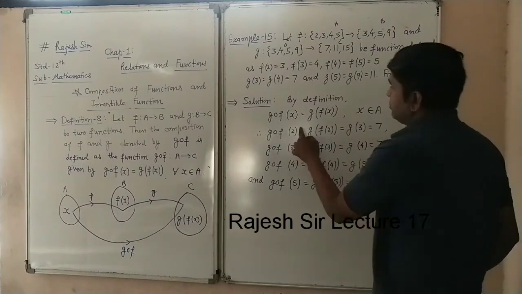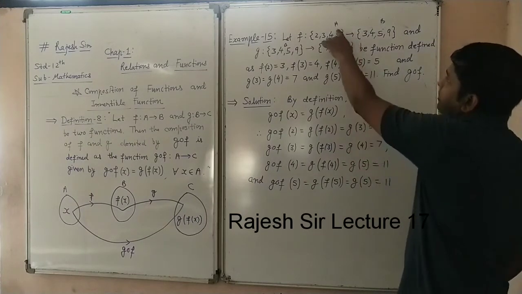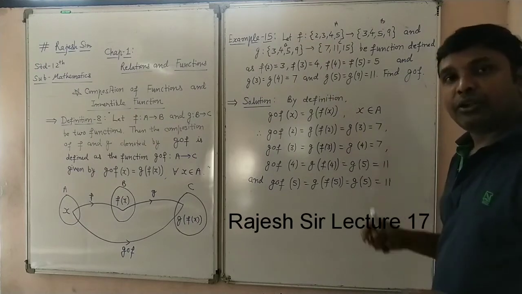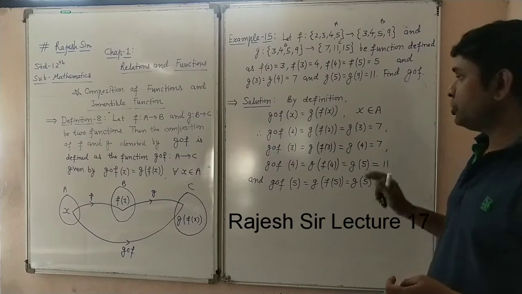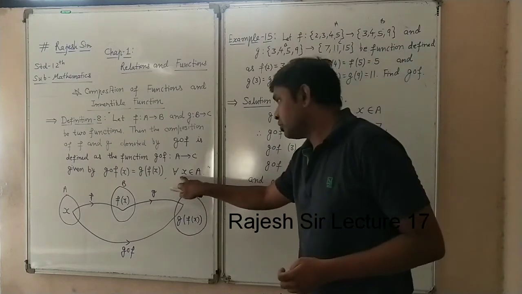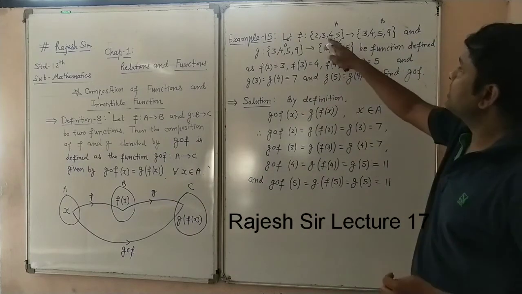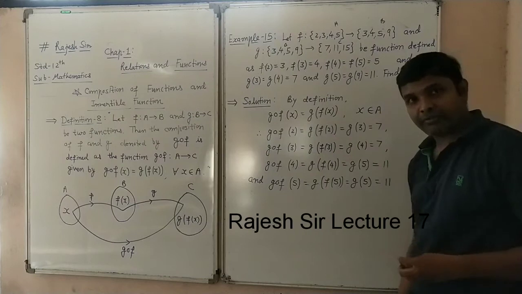One by one we have to put the value of x, and x should belong to A. In A we have 2, 3, 4, 5. For these values only we have to find g(f(x)), because x belongs to A. So we will take one by one 2, 3, 4, 5.